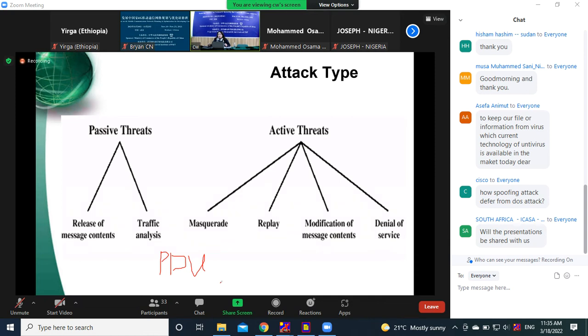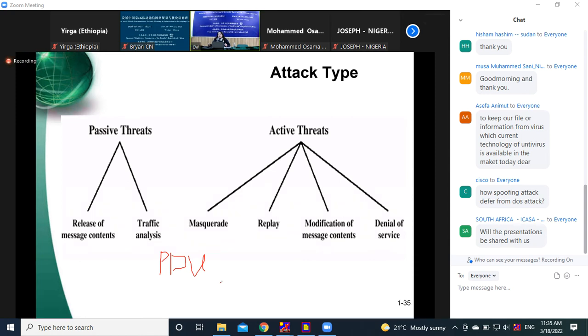For example, we often say that the second layer, the data link layer, transports the PDU we call the frame, and the network layer's PDU is what? Packet. Yeah, packet.